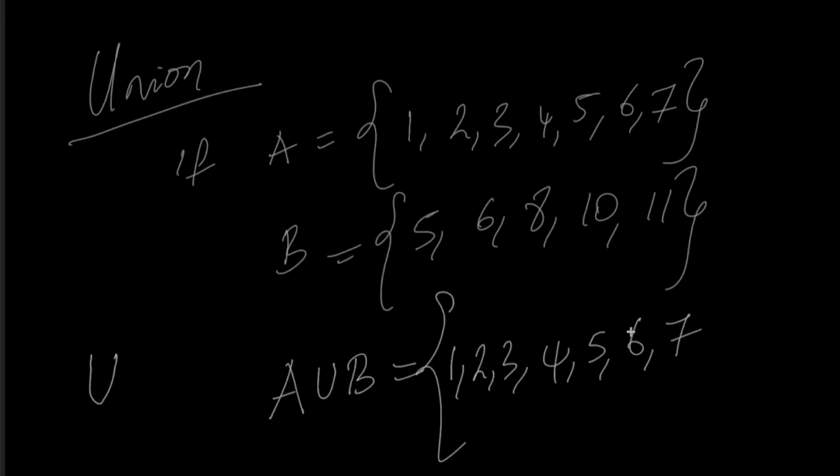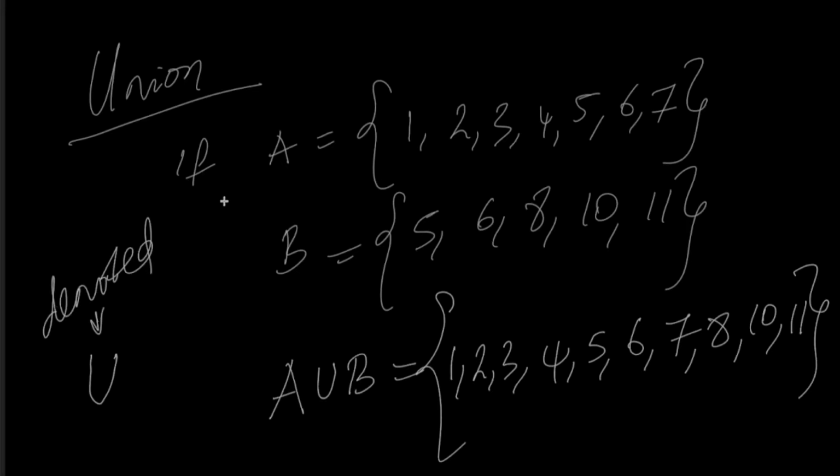No, 6 is already here. 8 is not here, I write 8. 10 is not here, I write 10. 11 is not here, I write 11. This is A union B. As I said, the union of two or more sets is a combination of the elements of the sets without repetition. It is denoted as this, that is, union.